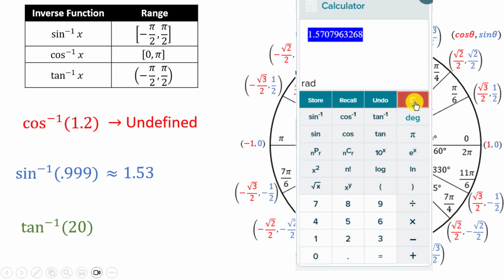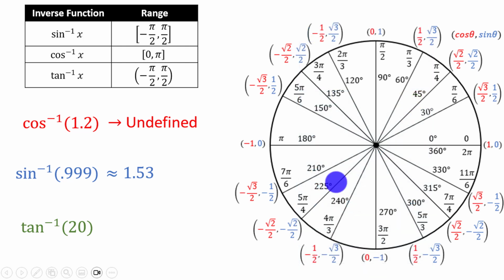And then how about inverse tangent of 20? Is this undefined, or can we actually find this one? Well, we can actually find this one, because if you remember, the domain of inverse tangent is from negative infinity to infinity. This is asking tangent of what gives me 20. In other words, when you take sine and divide by cosine, what angle would you need such that sine of theta is 20 times as big as cosine?